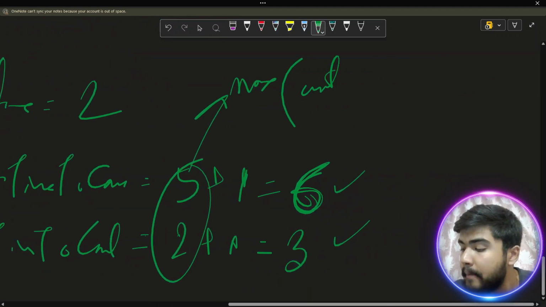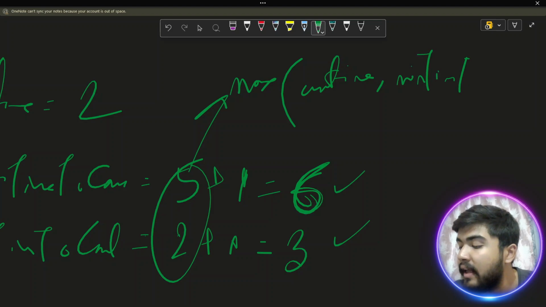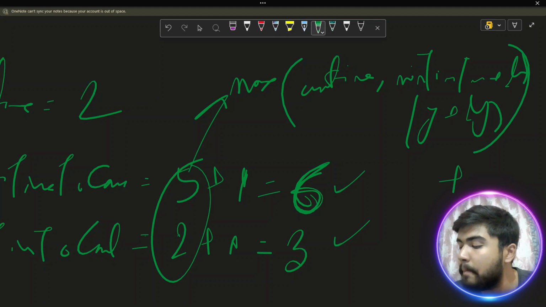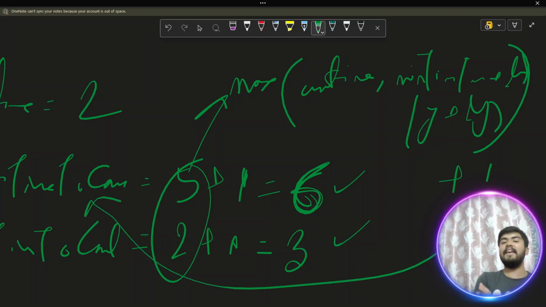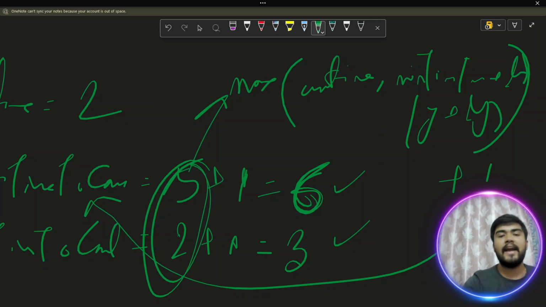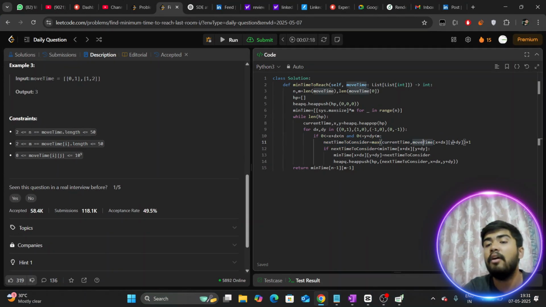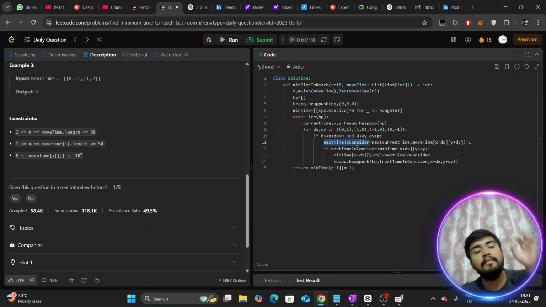Max of either my current time or the min time of that particular x plus dx, y plus dy vertex, and do a plus 1 and store it as the next time to consider. Exactly the same thing I have done here. So the next time to consider is the max of either my current time or the move time of x plus dx, y plus dy, plus 1, because we need 1 more second to successfully land on that x plus dx, y plus dy cell.